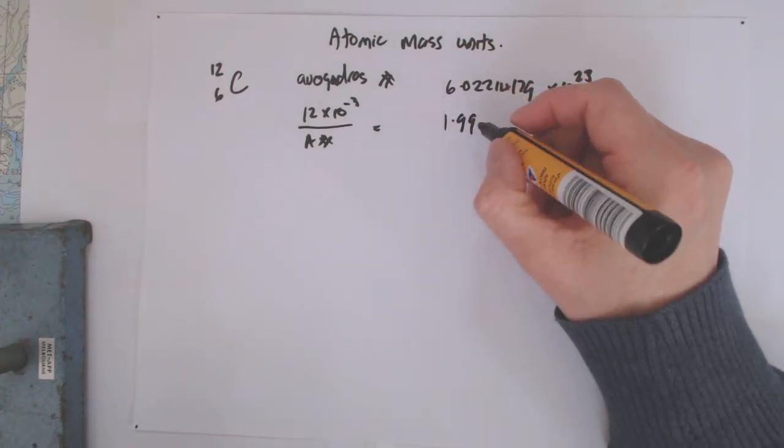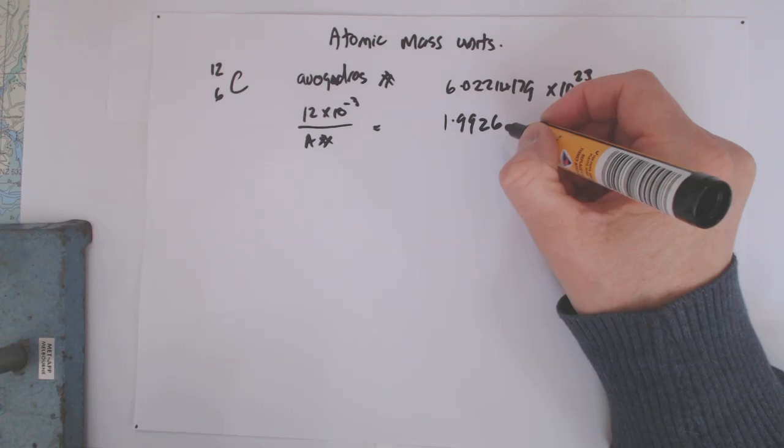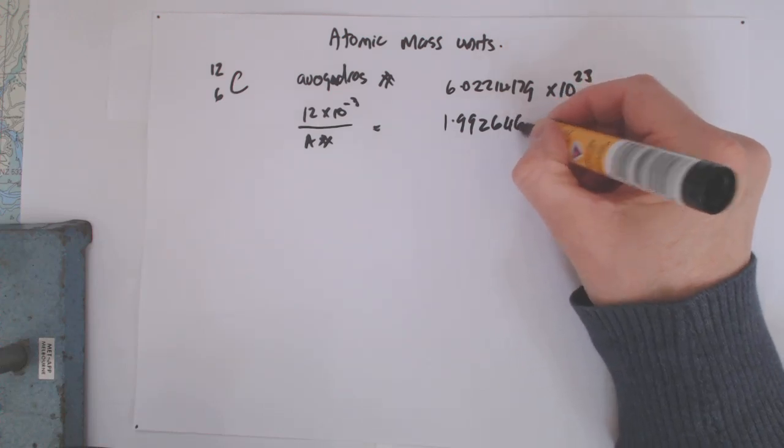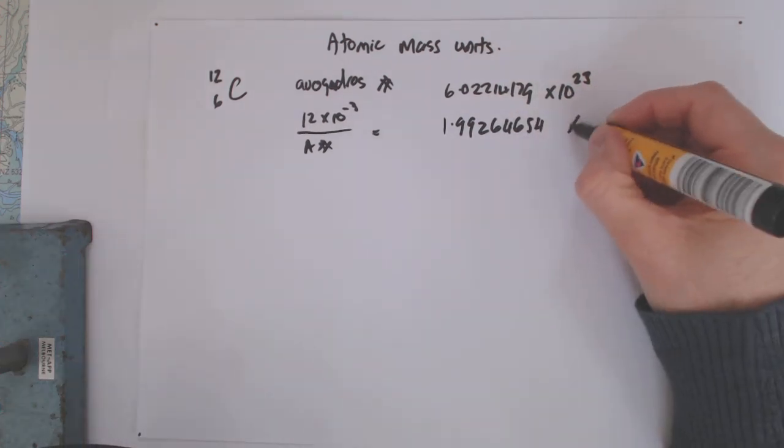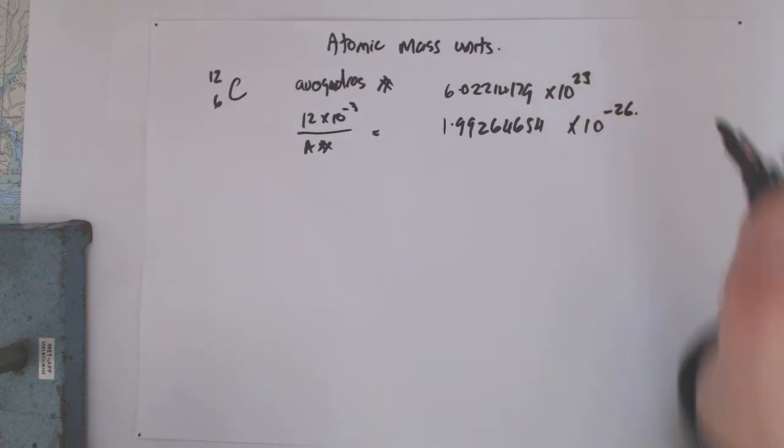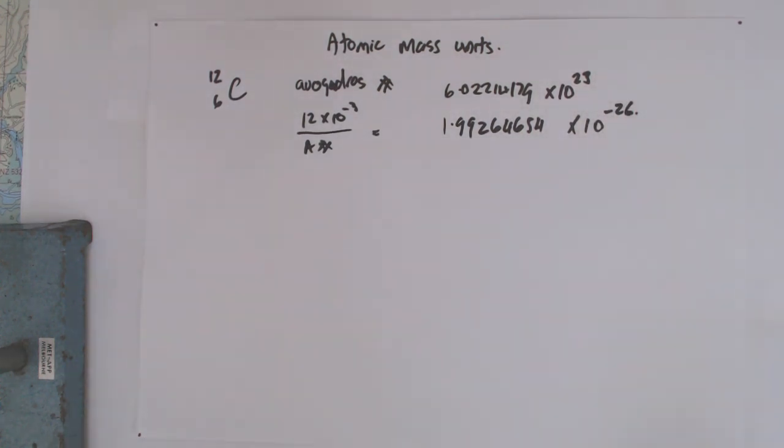We always want to do a few decimal points with this: 264654 times 10 to the minus 26. So that's the mass per carbon-12.